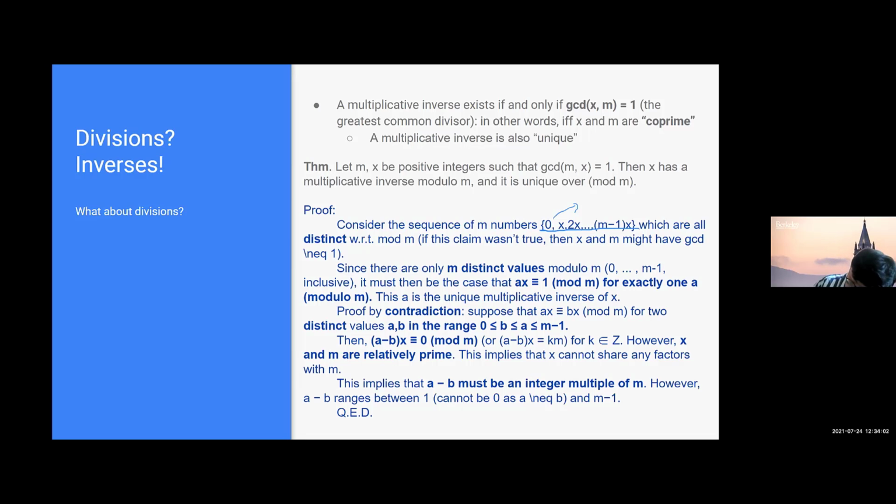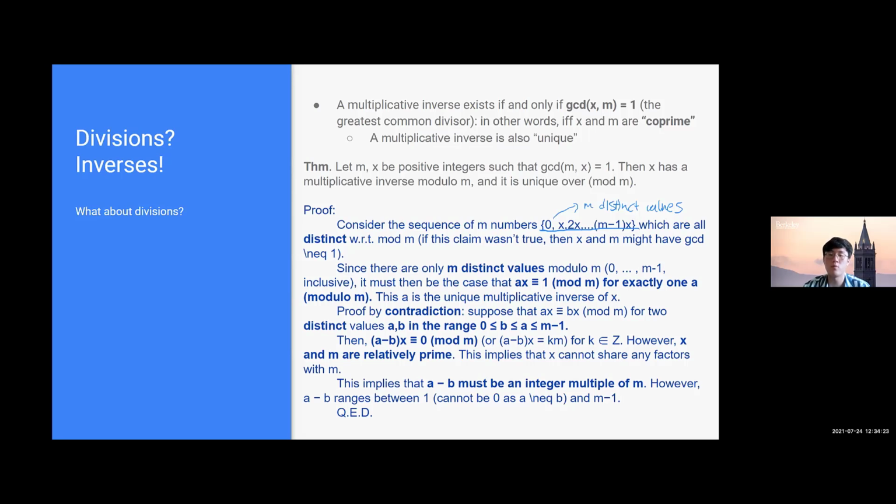So we have m distinct values here, which means one-to-one. If we have an inverse, it must then be the case that ax is congruent to 1 mod m for exactly one a. So there should always be a unique inverse for each multiplicative inverse of x.